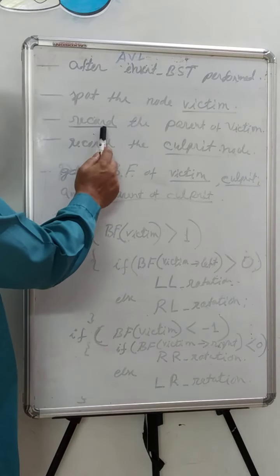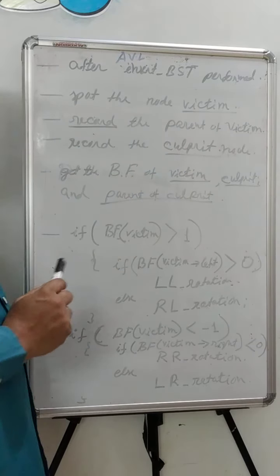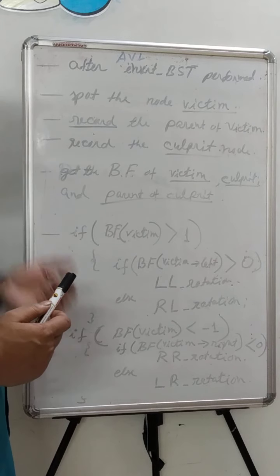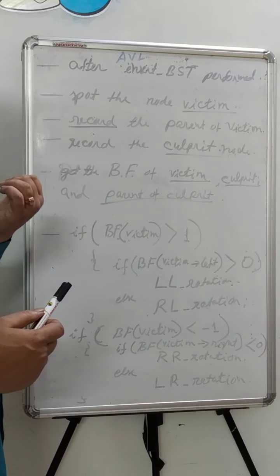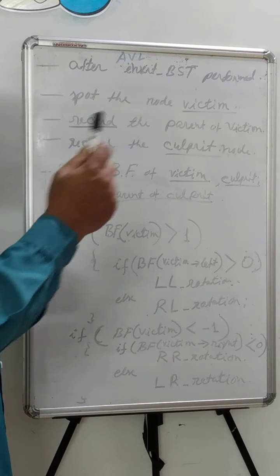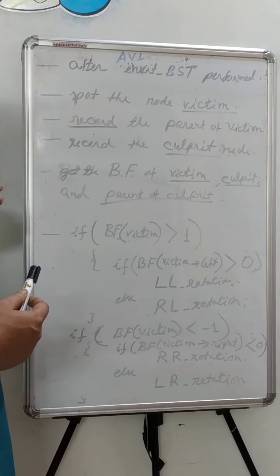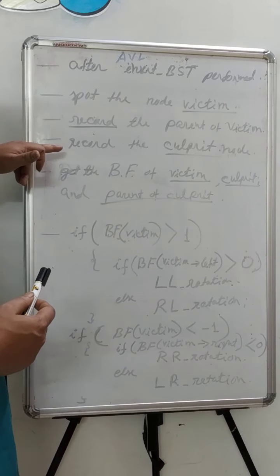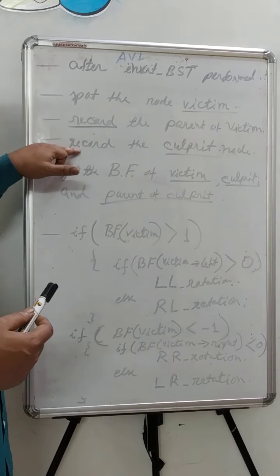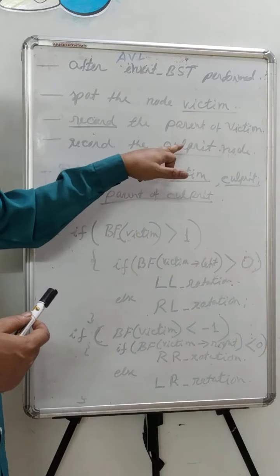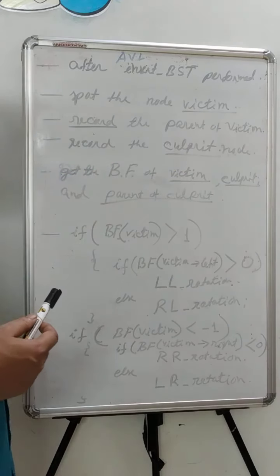At the same time, we will record who is the parent of the victim node. If the victim node is the root node, then the parent will be null. Then we record the culprit node, that is the newly inserted node.